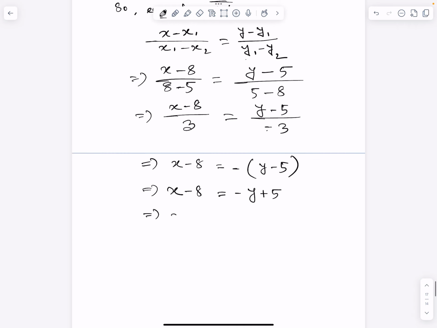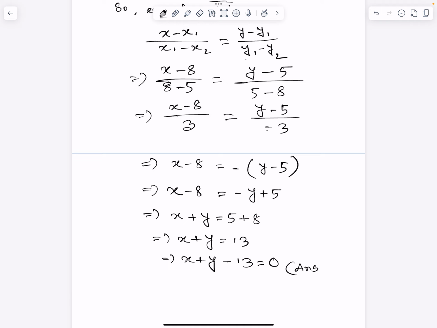And so far we are getting x plus y is equal to 5 plus 8, and x plus y is equal to 13. And we can write like this, x plus y minus 13 is equal to 0. And this is our answer. Our question was finding out the straight line of the midpoints.